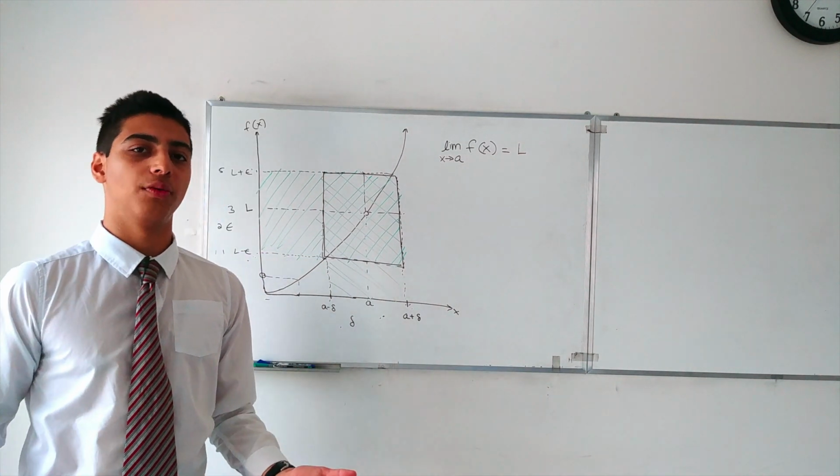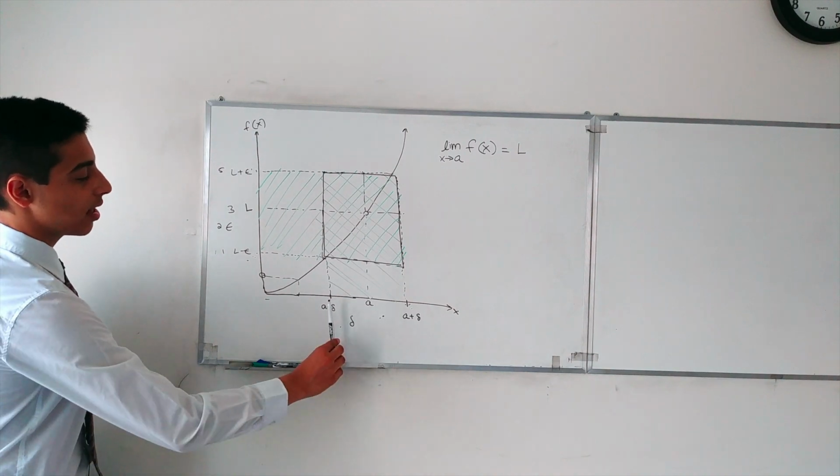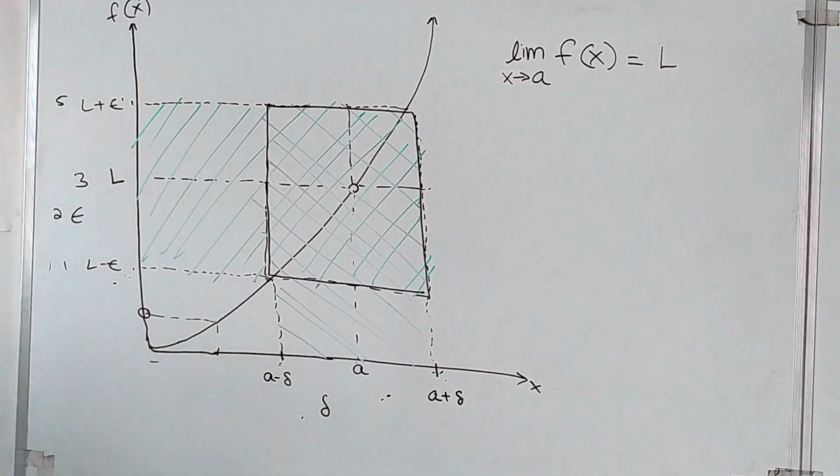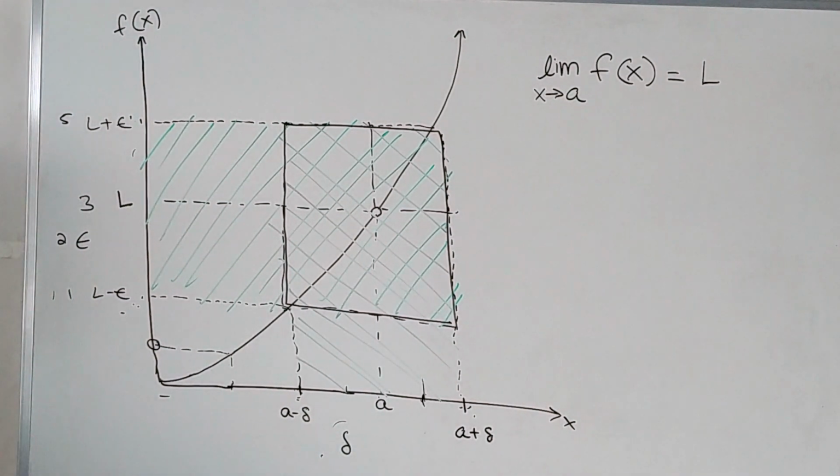So now what do we do? We have to restrict x in such a way that it can only exist between these points. So how do we do that? So how do we restrict x? Well, the first thing we must see is that we want x to be in the range of from here to here. So let's say x is right over there.